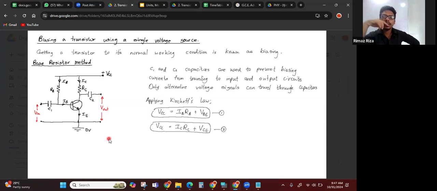Tell me this circuit is in which configuration? Common base configuration or common emitter configuration or common collector configuration? If it's common base configuration, you can just type base. That's enough. But I need an answer from both of you.